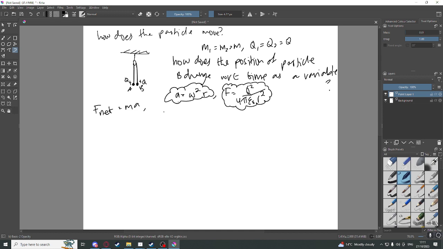We're going to be modeling it using theta as our dependent variable. Dependent variable is equal to theta from the vertical, and independent variable is time.